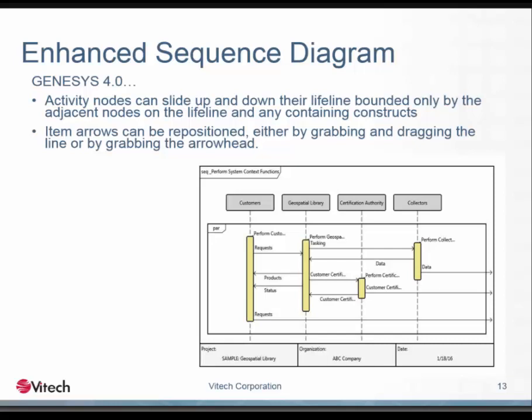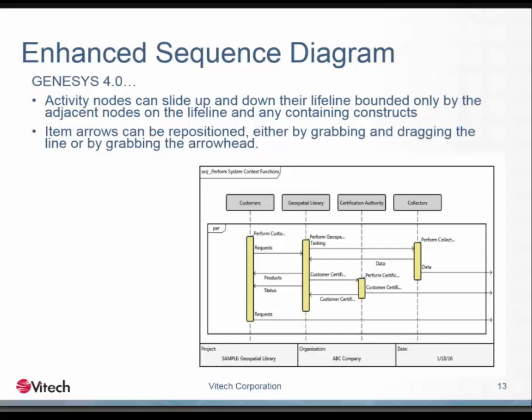The resulting layout was a little bit constrained and a bit awkward, and definitely non-traditional. That is, until Genesys 4.0. In Genesys 4.0, you get the best of both worlds. The fundamental sequencing is still computed, and you cannot position the nodes out of order.